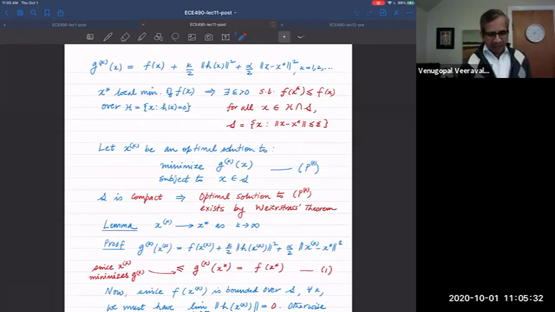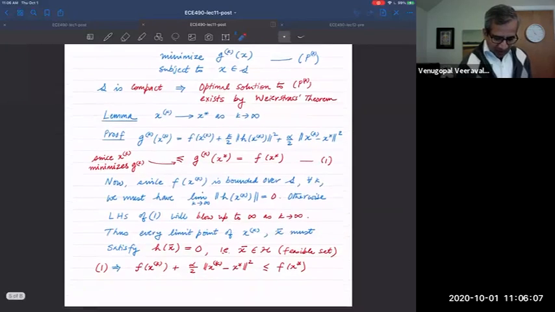Then we established that the solutions x_k to these problems converge to x star, so basically we showed that for large enough k, the optimum solution to this constrained optimization problem is in the interior. And since it's in the interior, it's also the solution to the unconstrained optimization problem, for which we know the necessary conditions from what we did from lecture 1 to lecture 9.